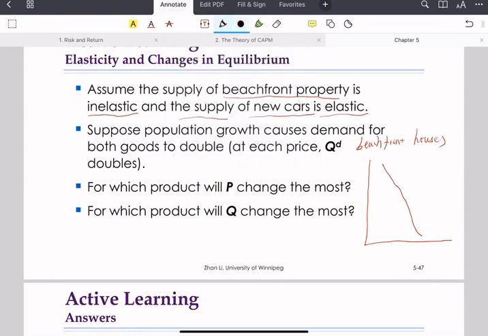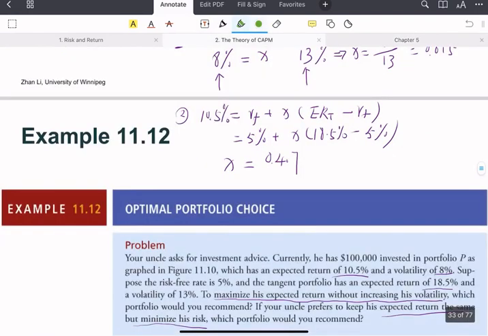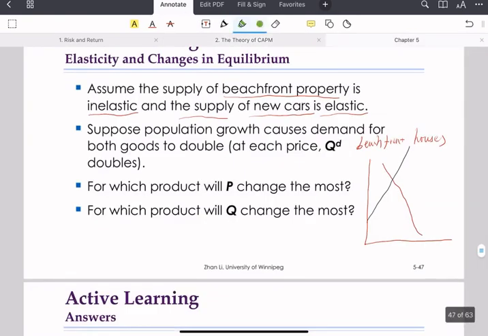Okay, let me use a different color. So let's say this is for beachfront houses. And now let's draw the supply curve for new cars.